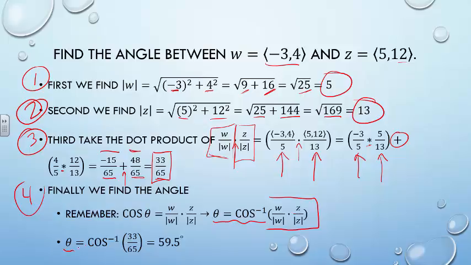We have theta equals the inverse cosine of our dot product, 33/65. Plug that into the calculator, and we have 59.5 degrees for our theta. Remember, if your calculator is set to radians and not degrees, you'll get a different number than 59.5 degrees when you enter this in.